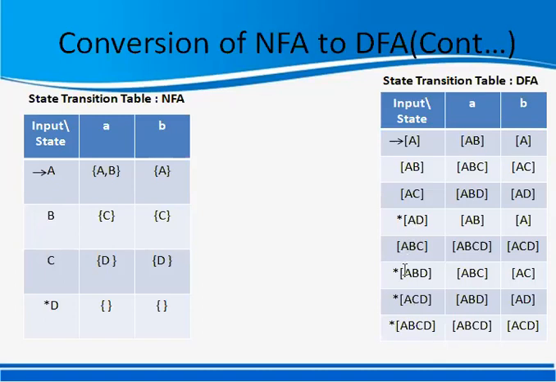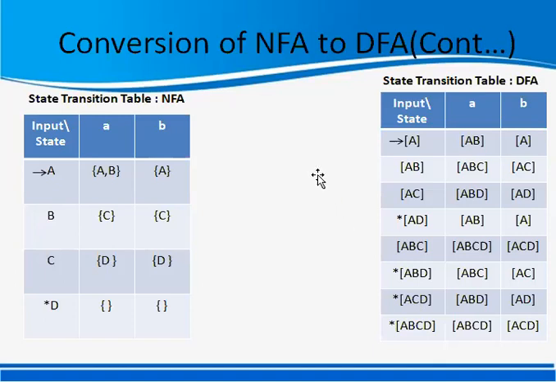That is AD, ABD, ACD and ABCD. All these four will be the final states. So in total 8 states we will have in our DFA, in which state A will be the initial state and 4 states, that is AD, ABD, ACD and ABCD, will be final states.